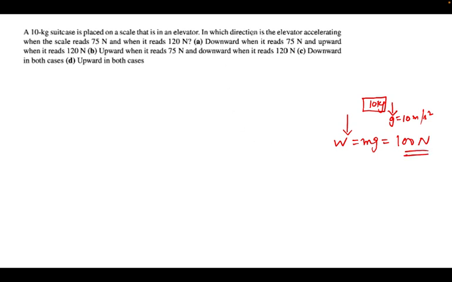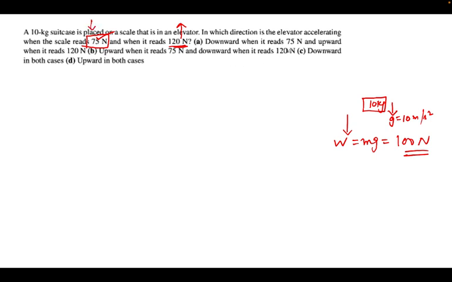But the scale is showing 75 Newton. When the scale shows a lesser reading, the elevator is moving downward. So when it shows 75 Newton, the elevator is moving downward, and when it shows more reading than 100, which is 120, the elevator is moving upward.